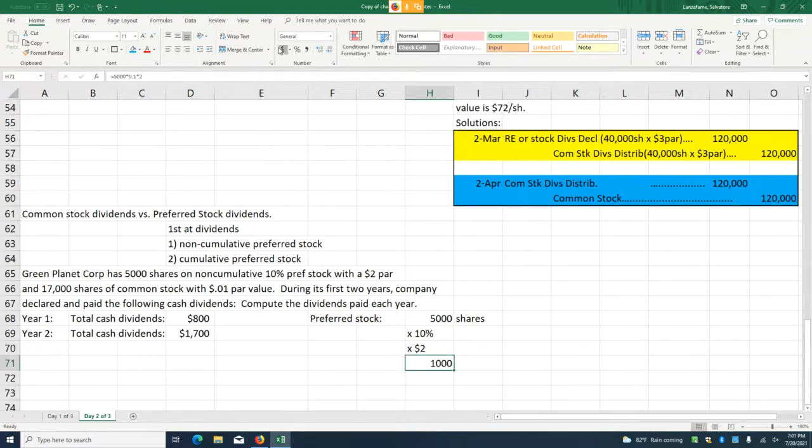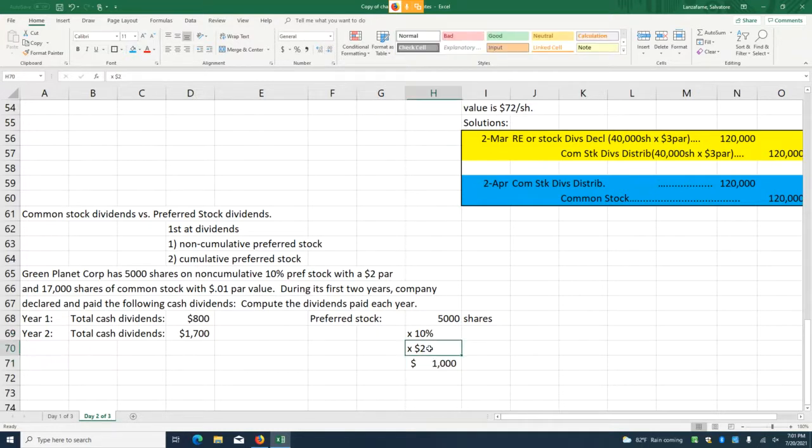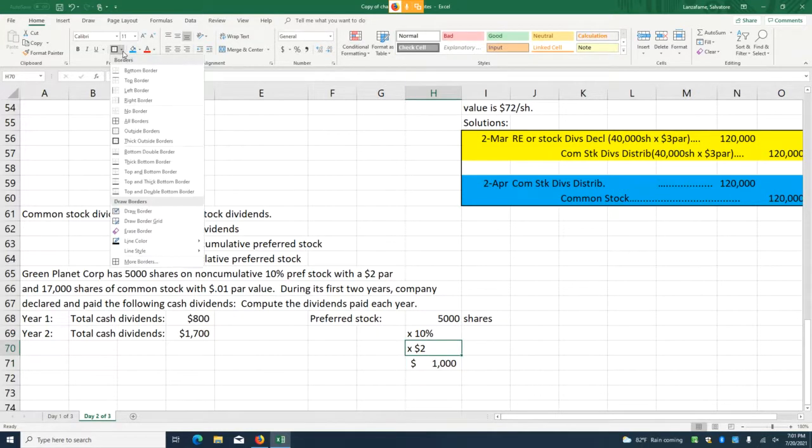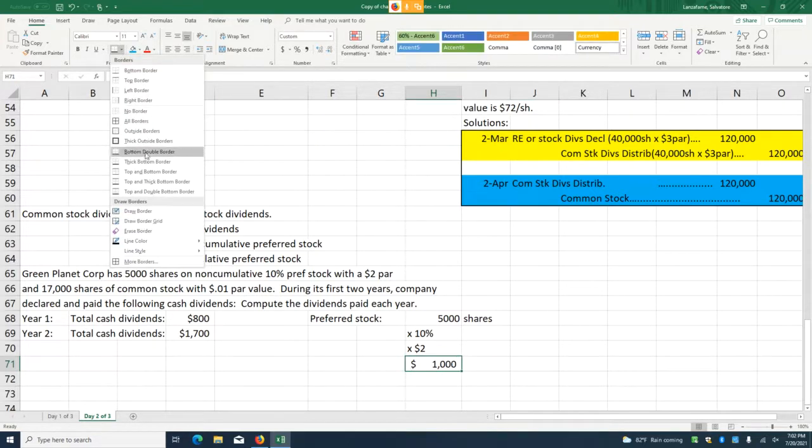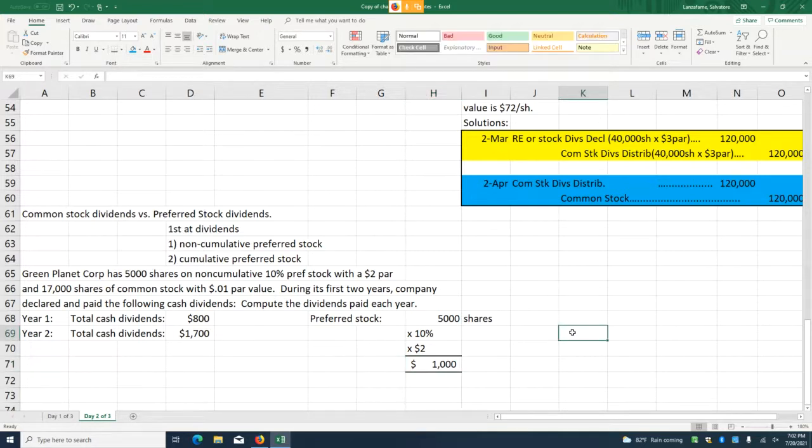Make this a dollar value. What this means in people language is this is how much the preferred stockholders are entitled to get. What this $1,000 means is that's what preferred is guaranteed to get. Every year they're entitled to $1,000. So I have to do this math first. It's my preliminary work to know what I have to play with.